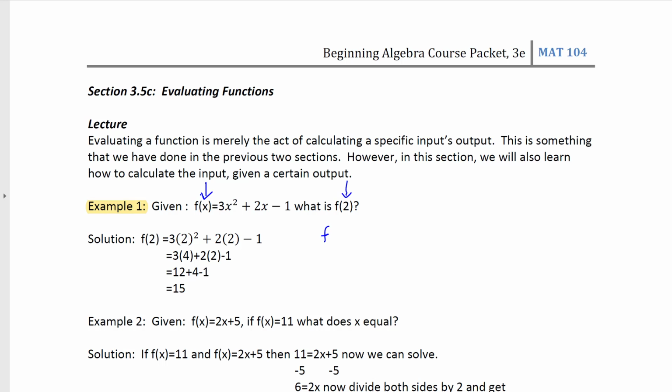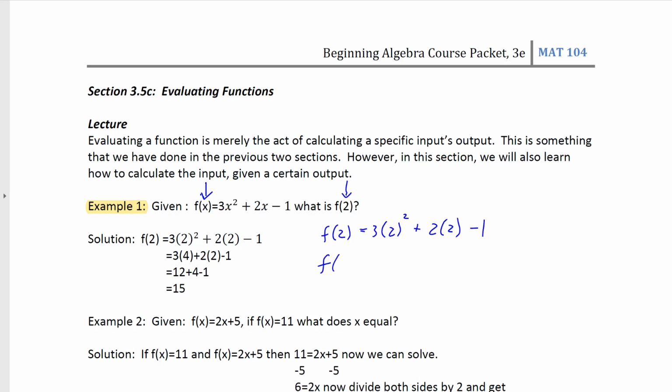So we're going to get f of 2 is equal to 3 times 2 to the second power plus 2 times 2 minus 1. Notice my careful use of parentheses, same as they did just over to the left. This is especially useful when you're substituting in negative numbers, and you will come across negative numbers in your group work and in other work. So please be careful with your substitution.